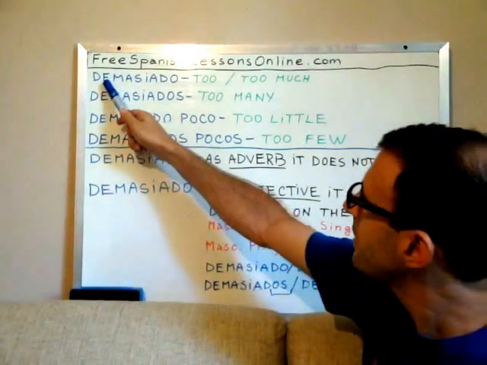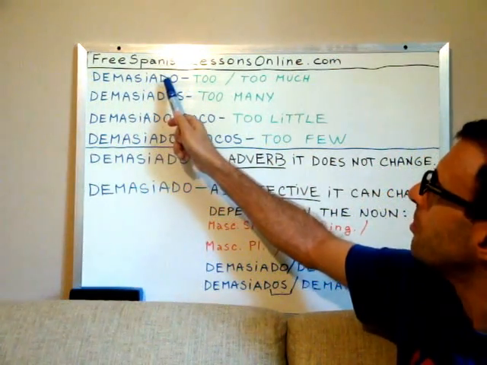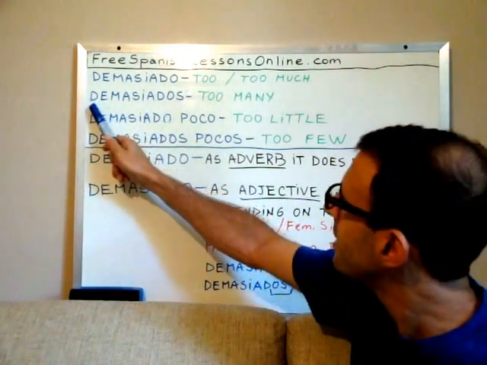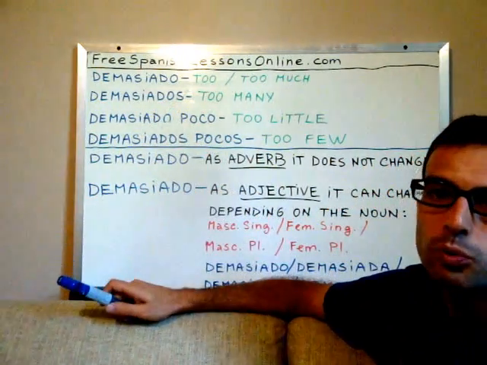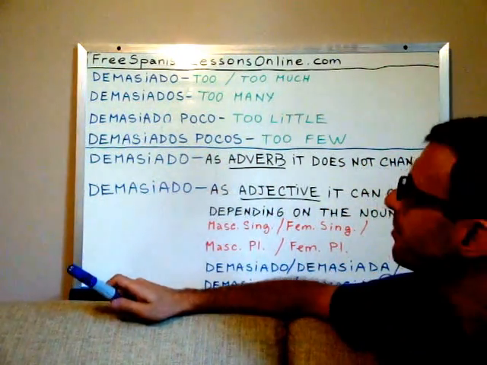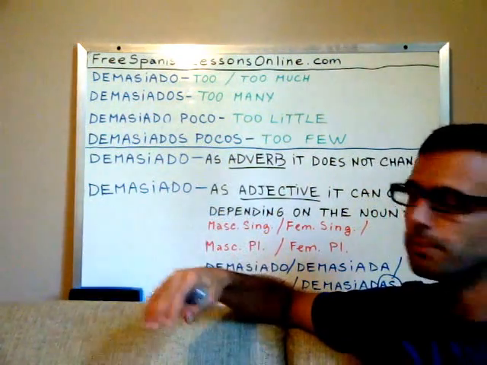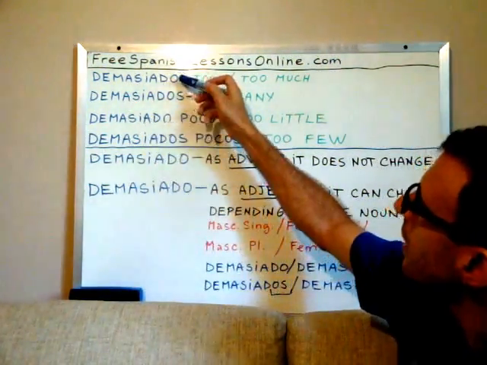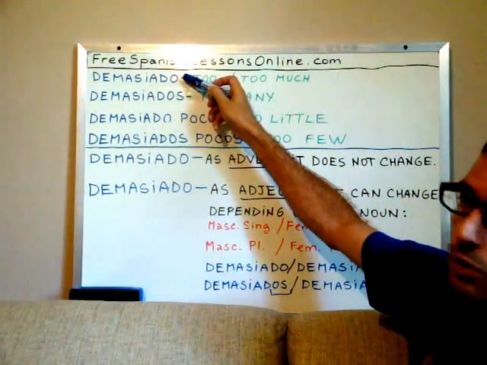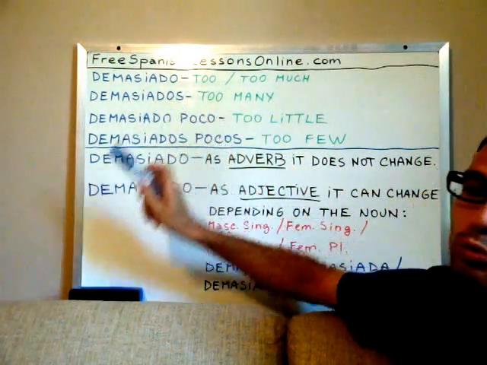So, demasiado would be too much, and demasiados would be too many. You can see the difference here, countable and uncountable. So demasiado would be uncountable, demasiados would be countable.